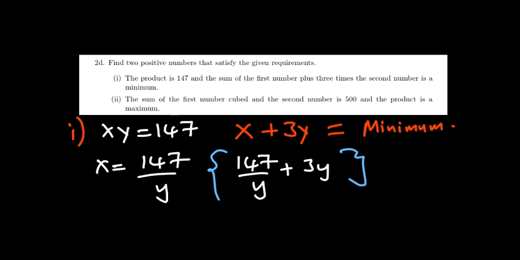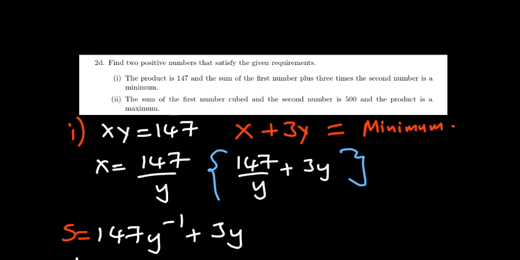The equation we have, y can be expressed with a negative power since it's on the denominator. So let's go on and differentiate this equation. We can call it the sum S, so that when you differentiate we have ds dy.